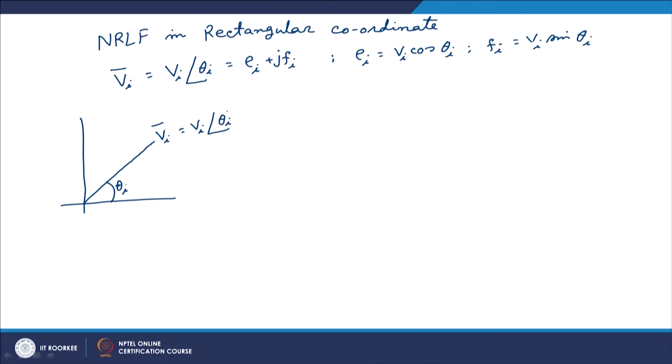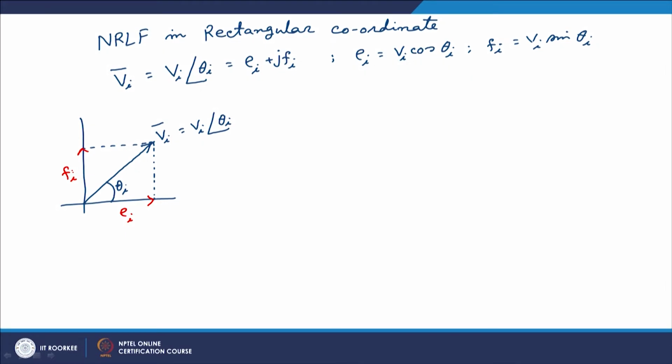This is the standard polar representation, but when we resolve this into two coordinates, this is Ei and this is Fi. When we resolve it into two coordinates, one across the real part and another across the imaginary part, this is the rectangular coordinate representation of the bus voltage.